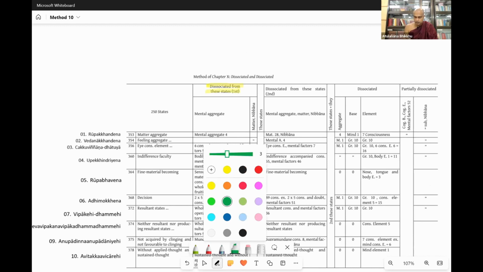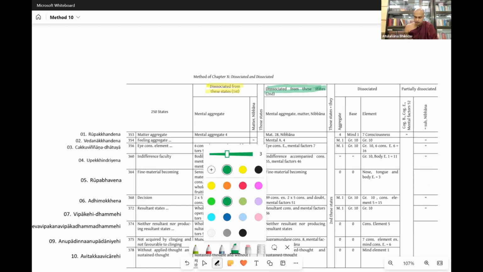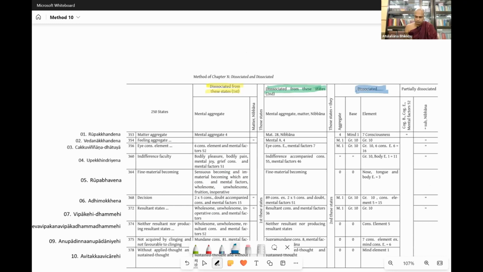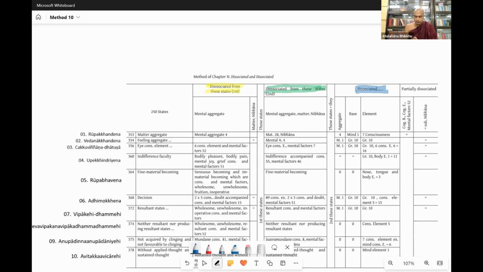The second part is here, and finally the third part here. So here we have Rupa Khandena as our state of inquiry, the matter aggregate.